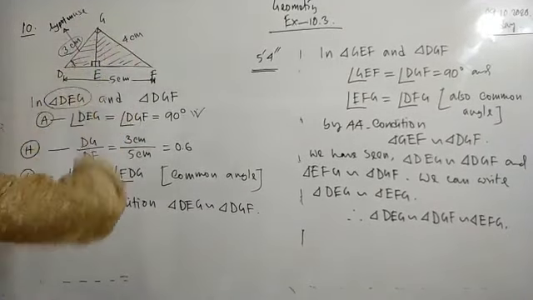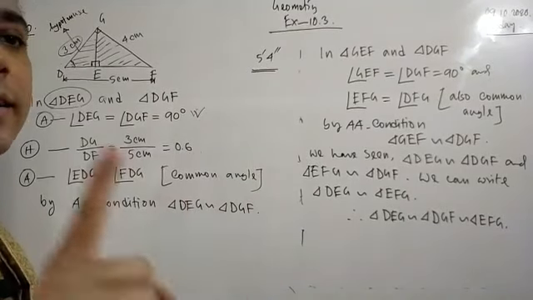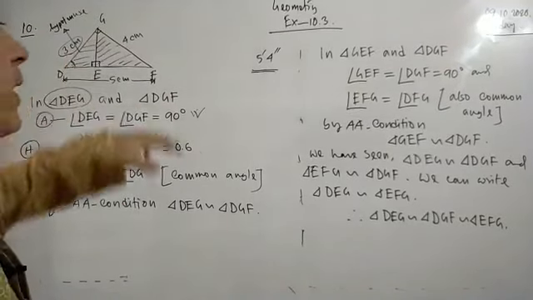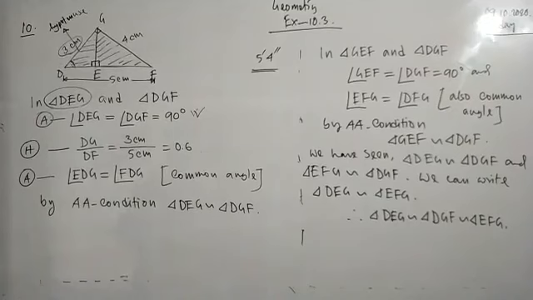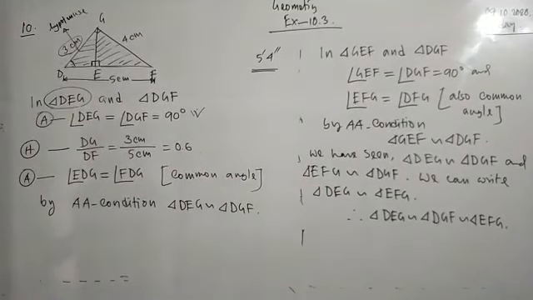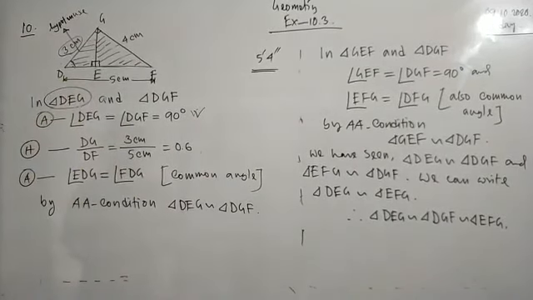It's not possible to apply the HS condition here, because for HS we have to have at least the hypotenuse ratio of both triangles, and the ratio of at least one other side. We haven't enough information here, so we can't apply the HS condition. We apply the double A condition. If you don't understand, I will try to explain it again.